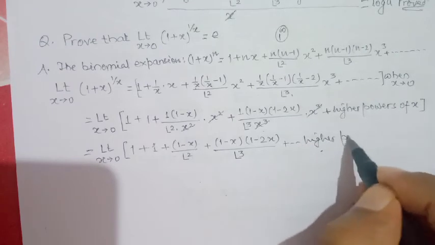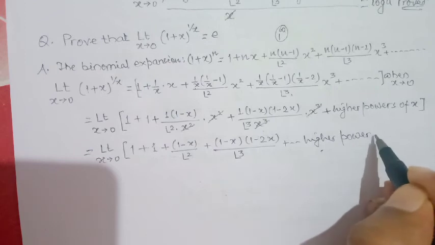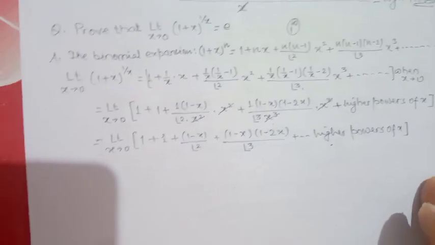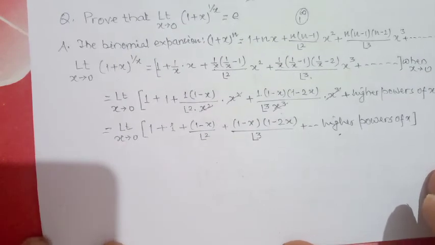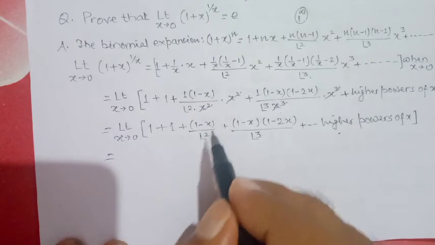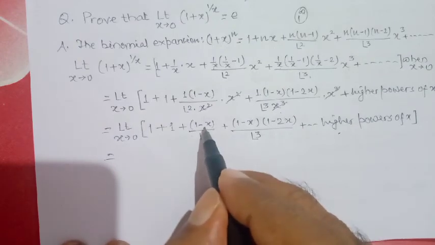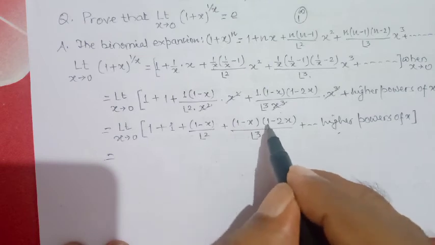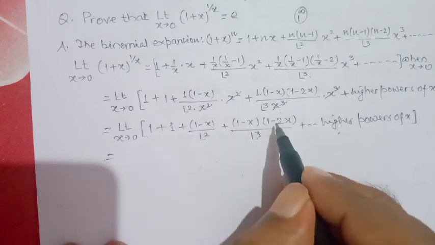Now apply the limit. After applying the limit, 1 minus x means 1 minus 0, which is 1. 1 minus 0, 1 minus 2 into 0, these all become 1.